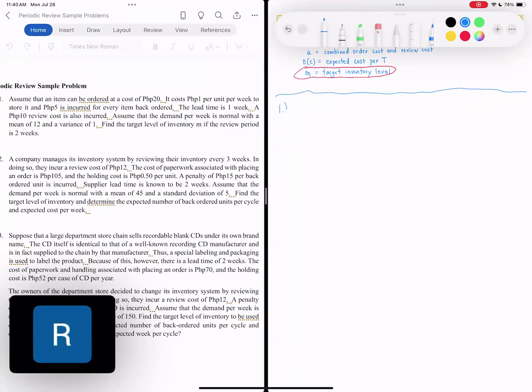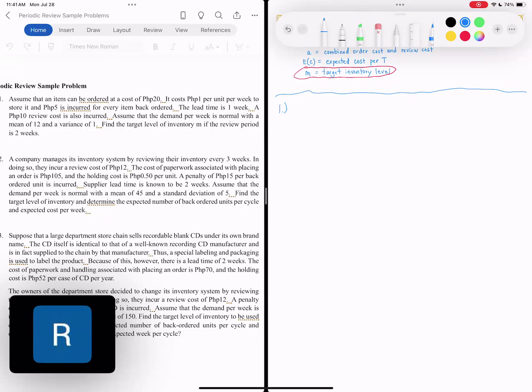I'm not that used to this, so just bear with me. Can you see the problem on the left side of the screen? If you cannot see it, it's in your PowerPoint. That's the problem in your PowerPoint. Example 9, I believe. Okay, so let's do this.